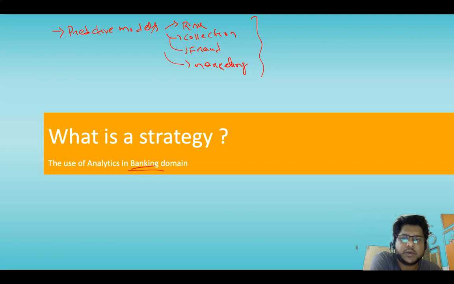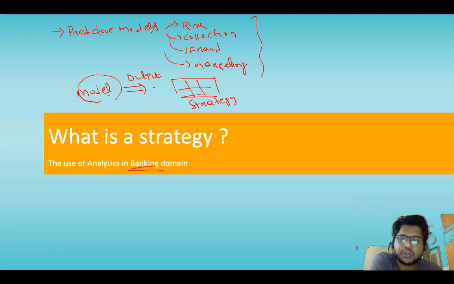What does that mean? The output of the model, so this is a model, the output of the model goes as an input to a strategy. This is a strategy. You will understand the significance of this window shape.